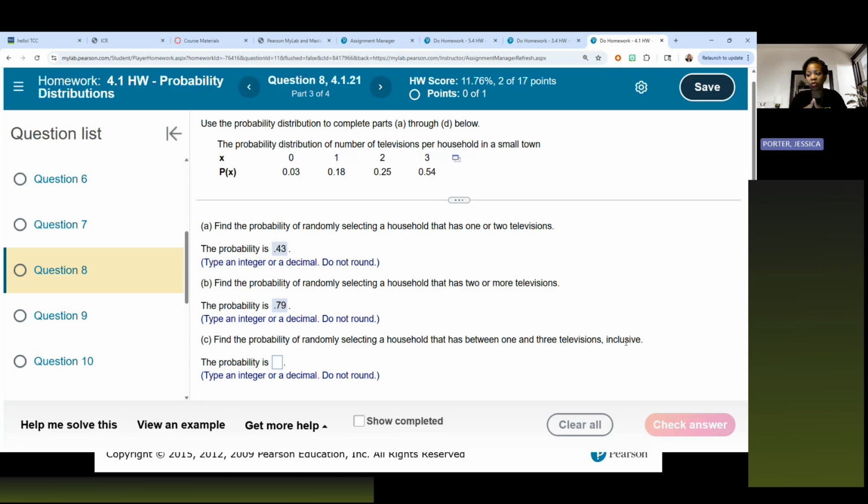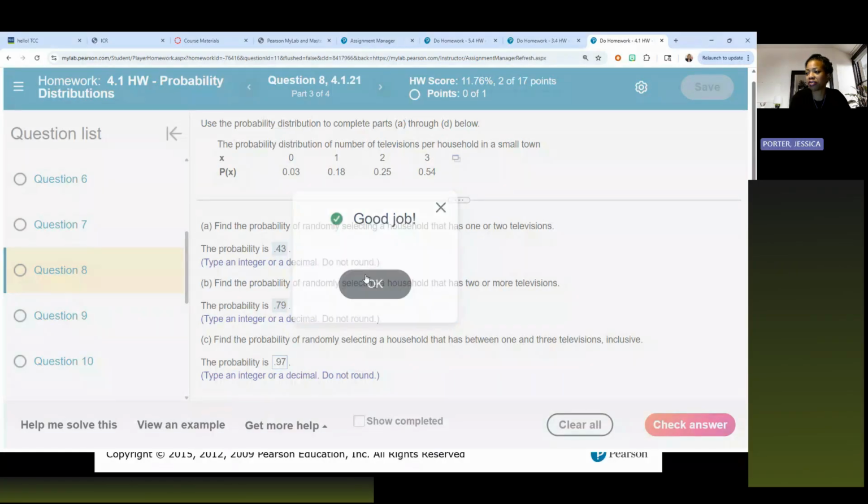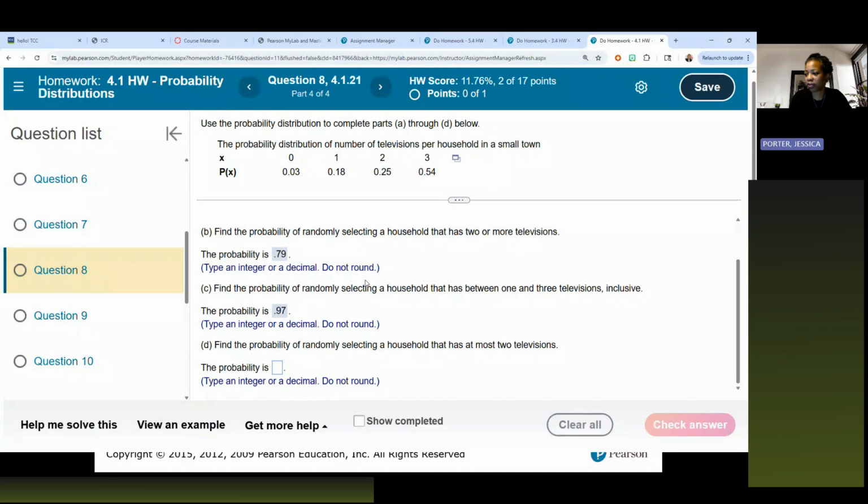The way we would use the complement rule is you look at the probability of zero. That's the only one that's not included. So you would do 1 minus 0.03, which is 0.97. Easy enough.